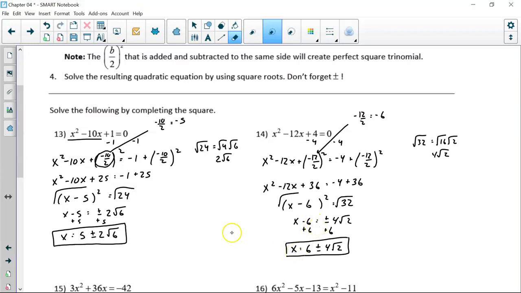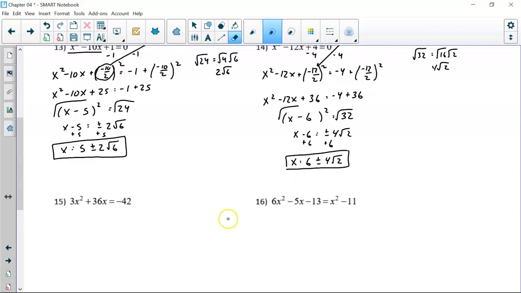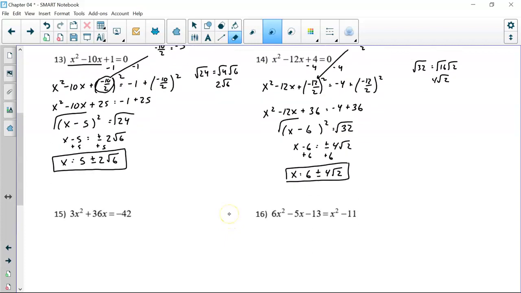Let's do one more completing the square, number 15. Now, unlike the previous two, this one doesn't have a leading coefficient of 1. So we're going to divide each term by 3 first. So we get x squared plus 12x, I'm going to leave some space, equals negative 14.